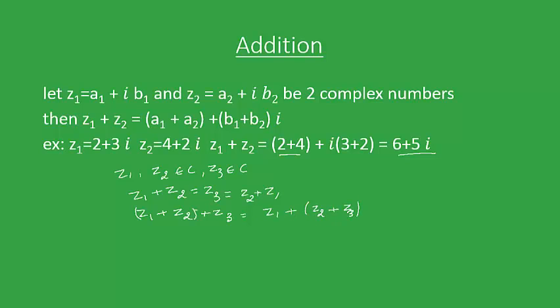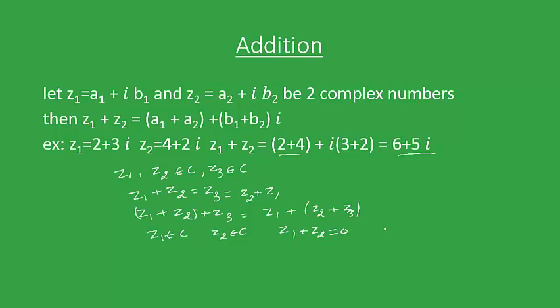The next property is that of the existence of the additive inverse. That is to say, if z1 is a complex number, then we can find a complex number, say z2, which yields the answer 0 when added to z1.